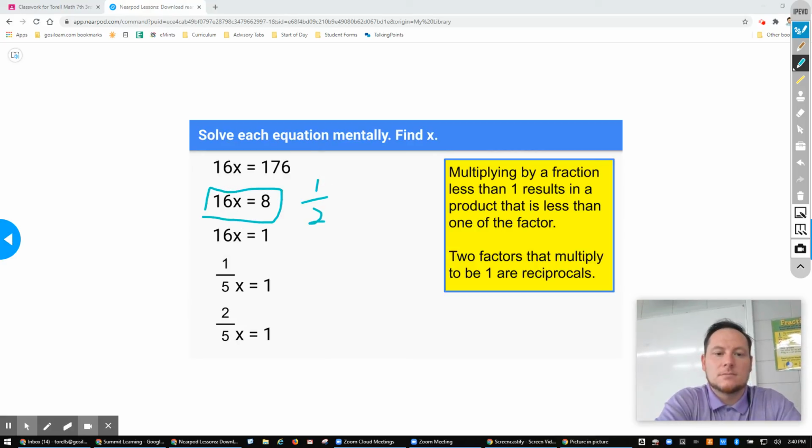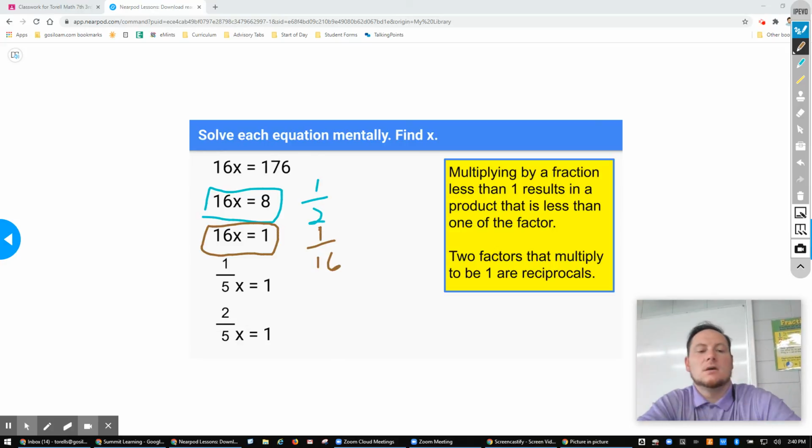in this example with 1/16, we're multiplying by something that's less than 1.